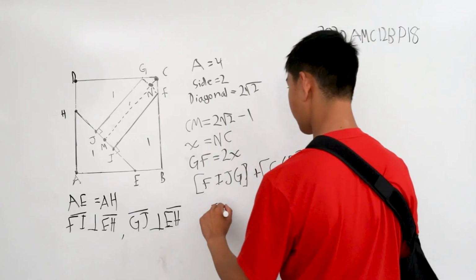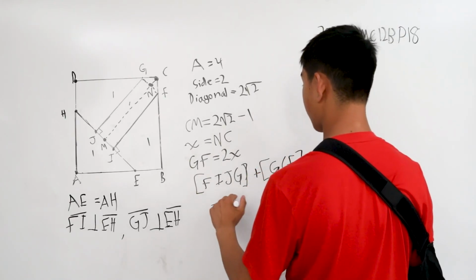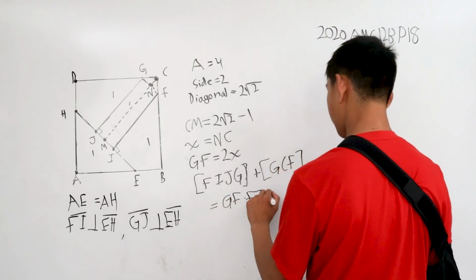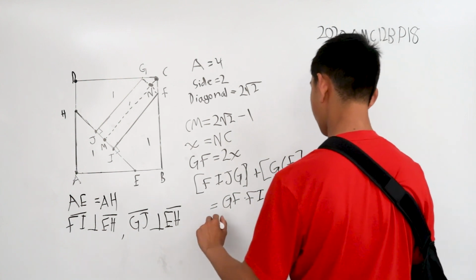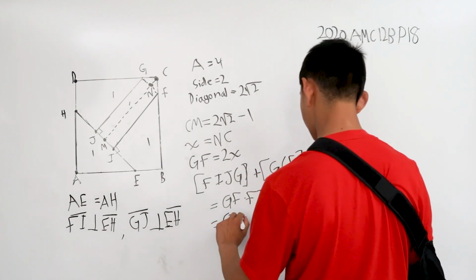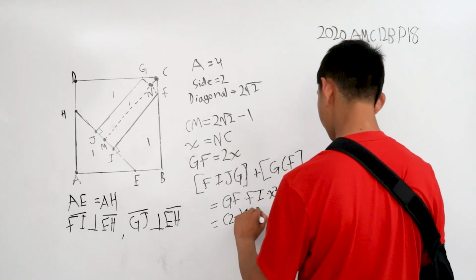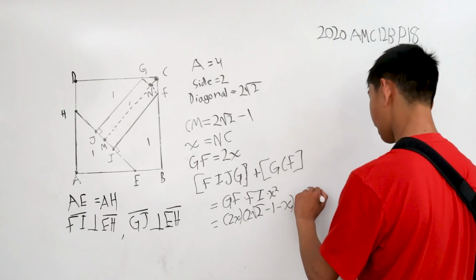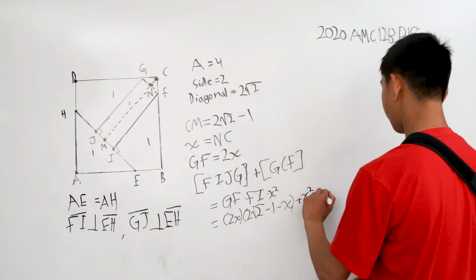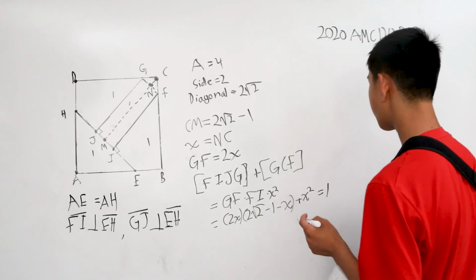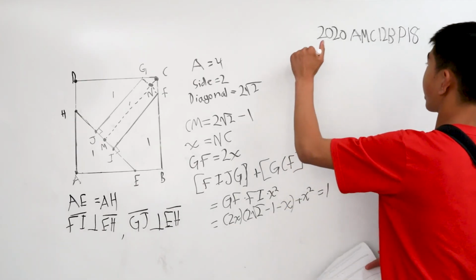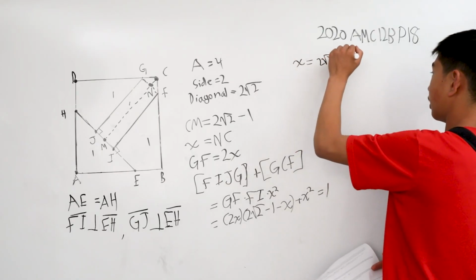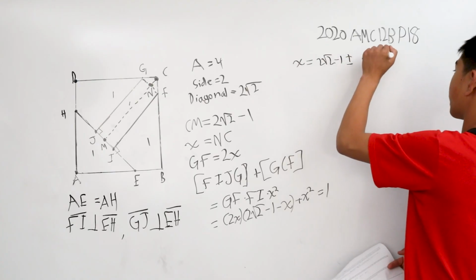And this is the length GF times FI, plus x squared, which is also equal to 2x times 2 root 2 minus 1 minus x, plus x squared. And we know the total area is going to be 1. Therefore, when we multiply everything out and solve this quadratic, x equals 2 root 2 minus 1 plus or minus the square root of 8 minus 4 root 2.